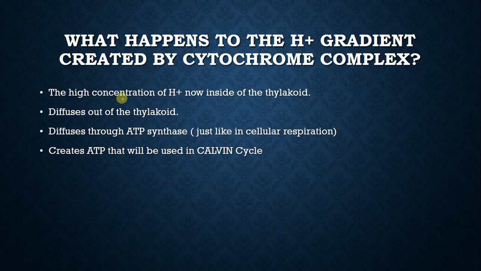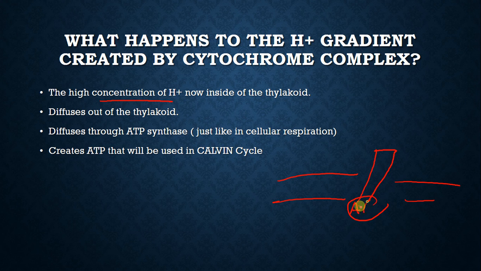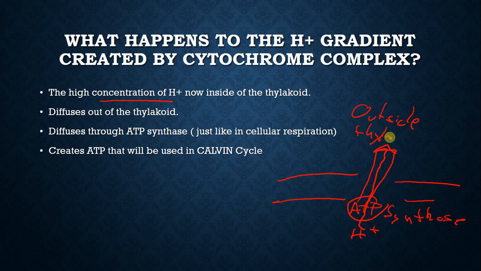So those high concentration H plus ions on the inside of the thylakoid will then diffuse back through ATP synthase to the outside of the thylakoid and produce ATP. That will be used in the Calvin cycle.